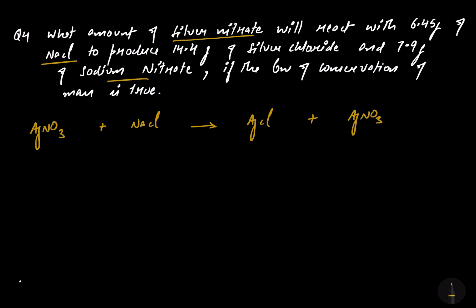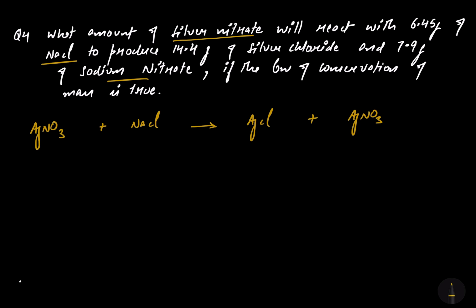Before moving to any numerical, again we have to see, is this reaction balanced or not? We are having equal number of Ags on both sides, NaCl, yes, this reaction is totally balanced.